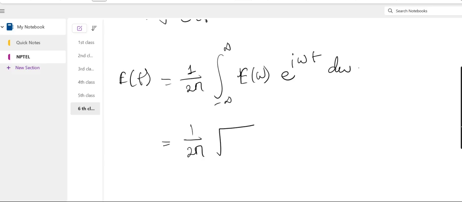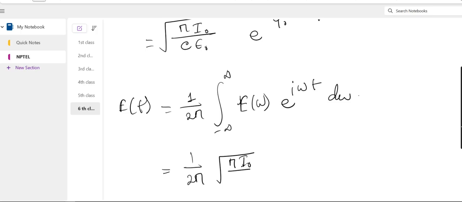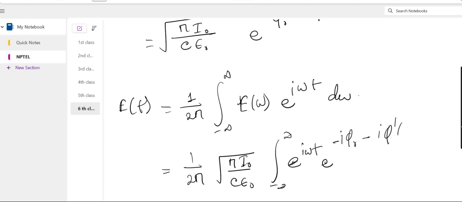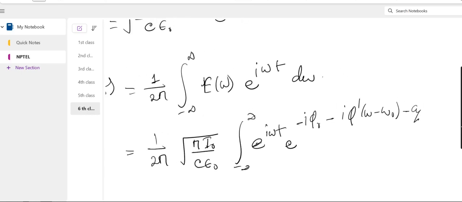It will be 1 by 2 pi. This thing is not important for what we are trying to prove, but still okay. That would be e to the power I omega t, e to the power minus I phi naught minus I phi dash omega minus omega naught, then a by 2 omega minus omega naught whole square d omega.